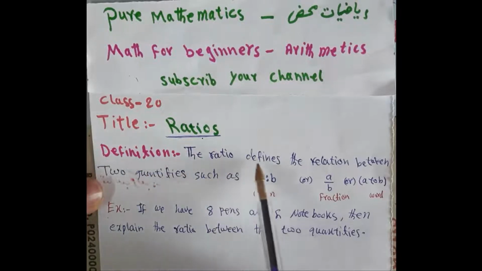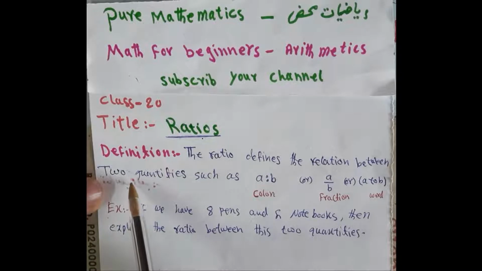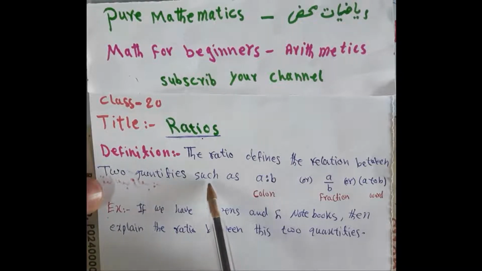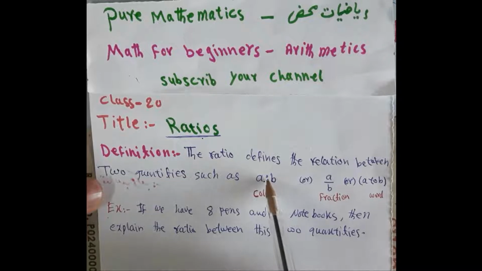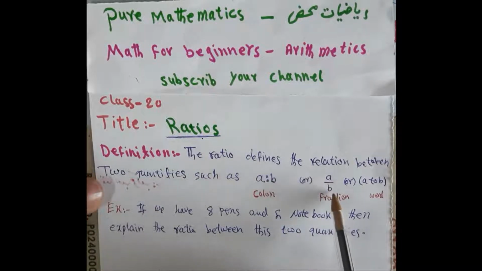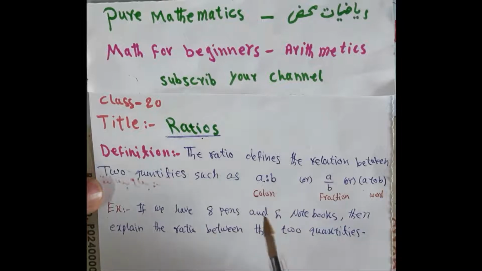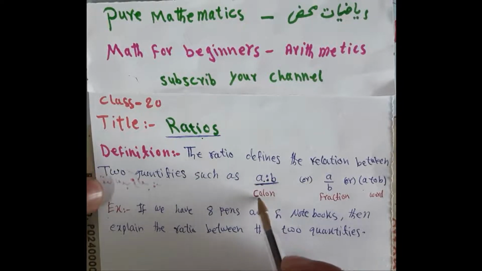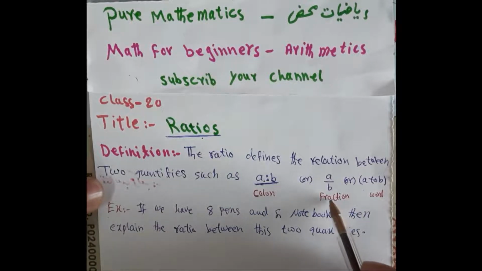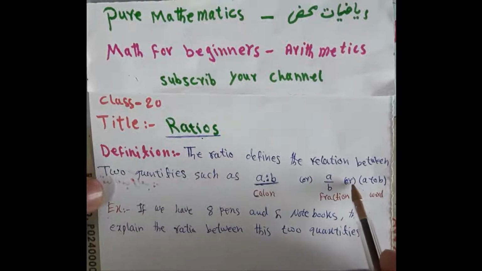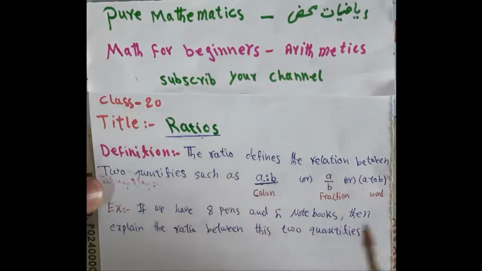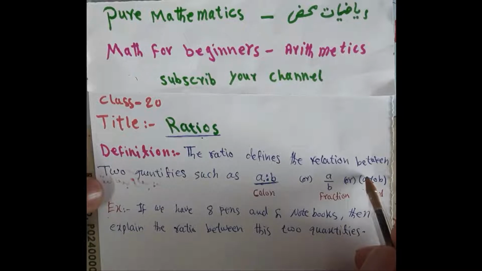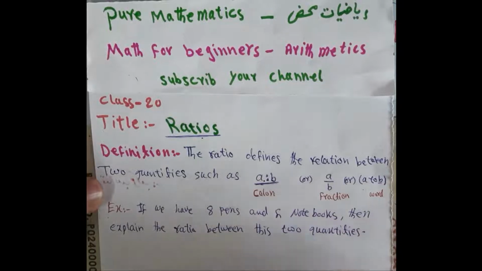The ratio defines the relation between two quantities, such as A colon B, or A over B, or A to B. Every ratio can be written in three types: by colon, by fraction, or by words, A to B. Here A is the first quantity and B is the second quantity.